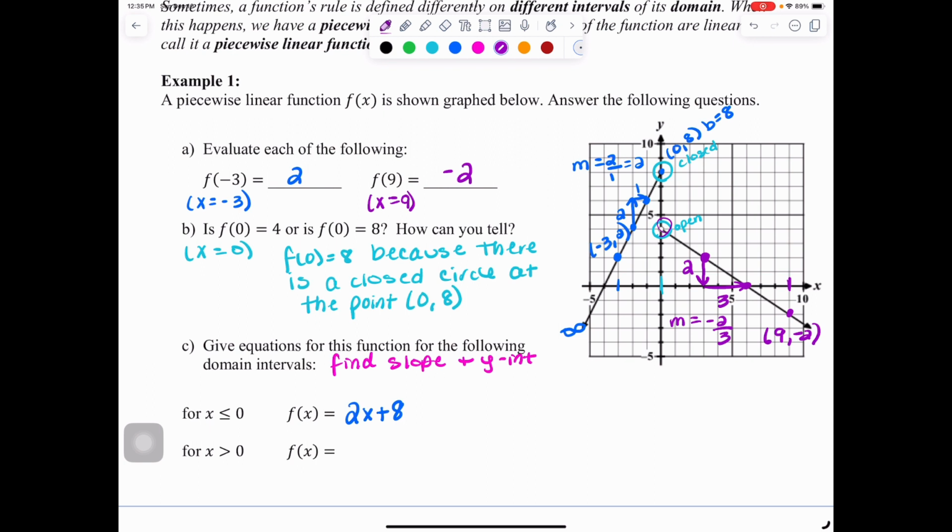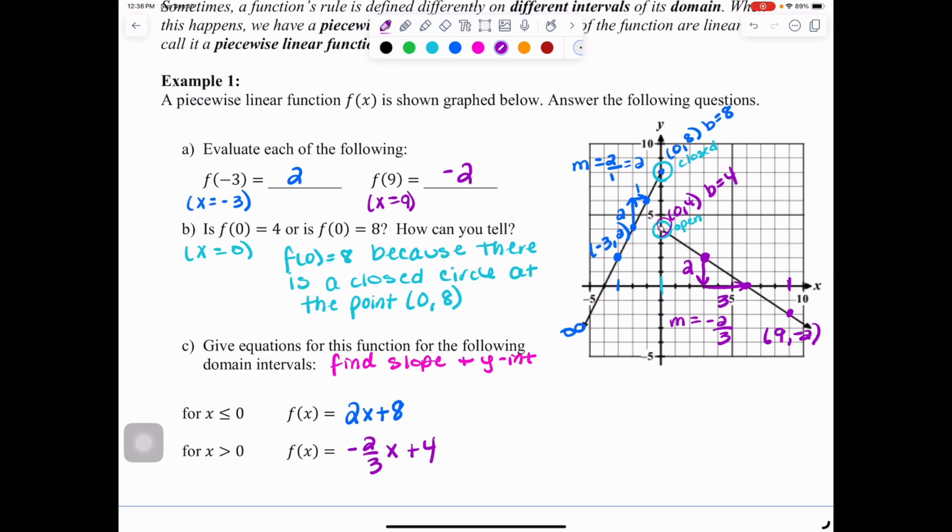But for the purpose of finding the y-intercept, I see that it's still (0, 4). That's where it's going to cross. We're just not going to include it, because of the open circle. That's why we have x is greater than 0. That means our b value for this section, our y-intercept, would be 4. So putting that together, I'd have negative 2/3 x plus 4. And we just wrote the equation for that piecewise linear function.